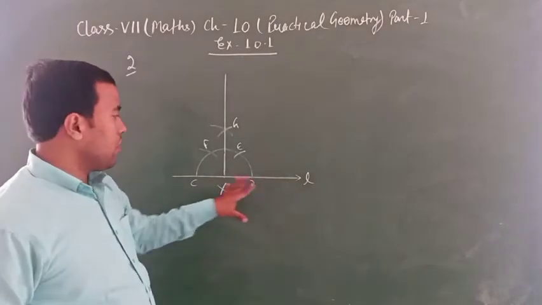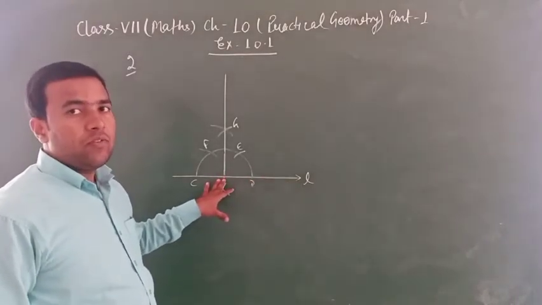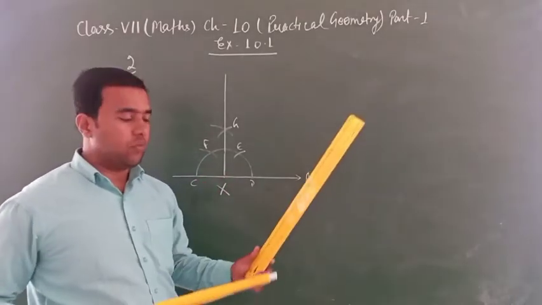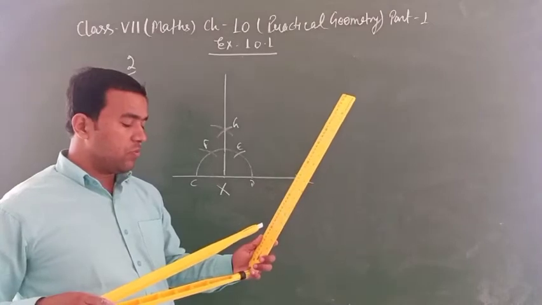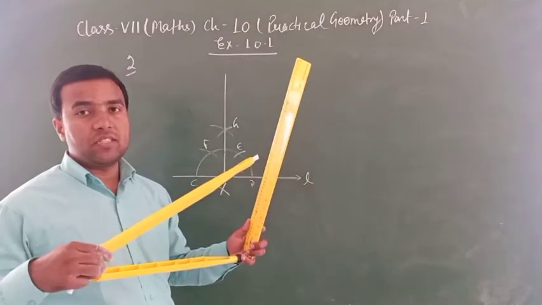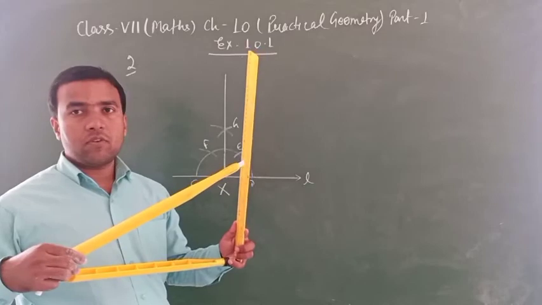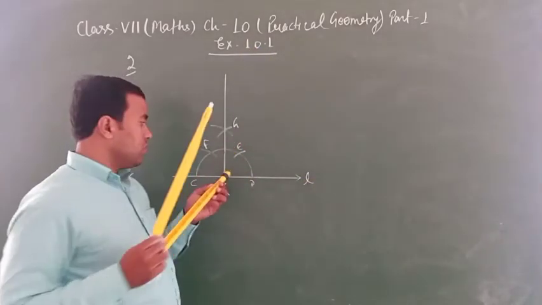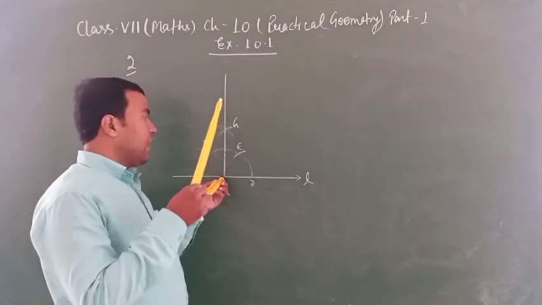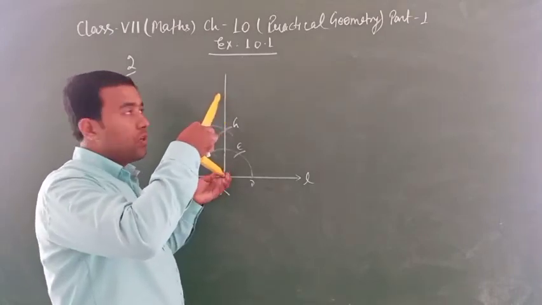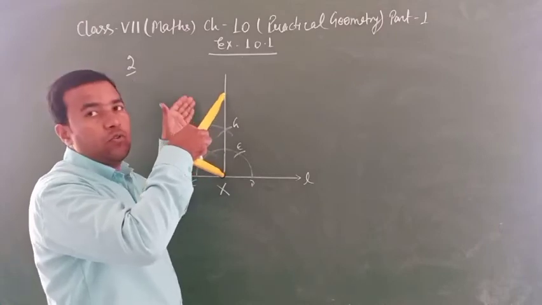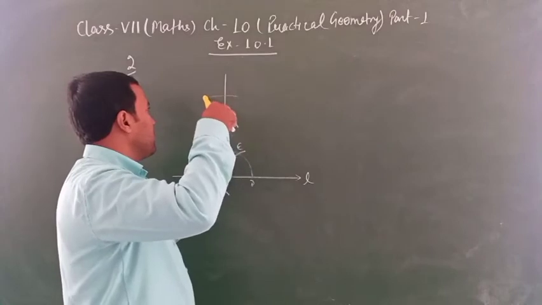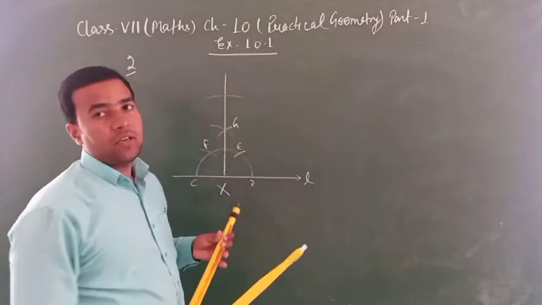Clear? So from X we will take a radius of 4 cm from the scale. 4 cm, from 0 to 4 you will measure. Clear? From the scale. Then keep your tip on X, and wherever 4 cm is coming, there you will cut one arc. Clear? One arc you will make. Clear?